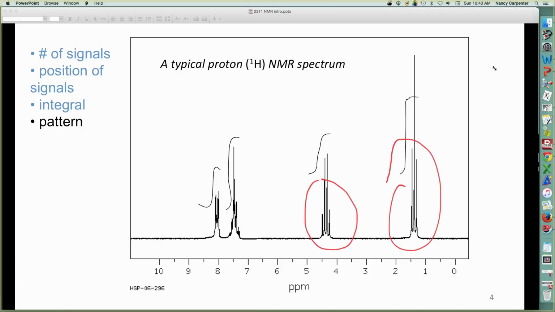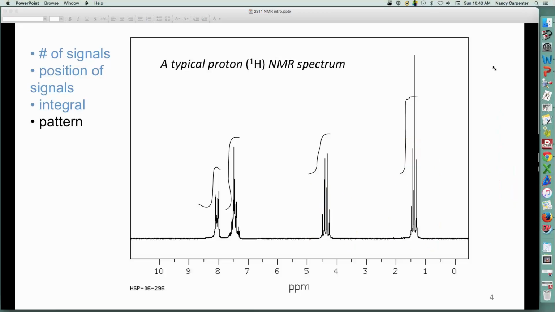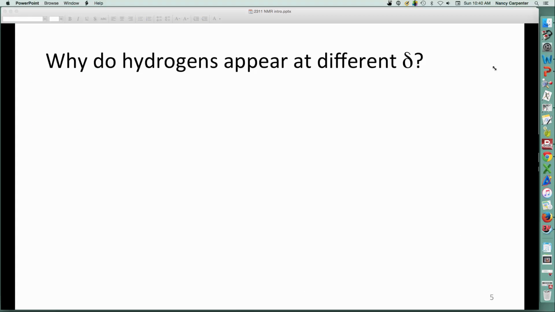This looks like 3 lines. It's not just any 3 lines, they're in a ratio of 1 to 2 to 1. Those patterns are really important, and they tell you a lot about how the molecule is put together. And finally, the gap between the signals is important, but we're not going to get into that in 2311.